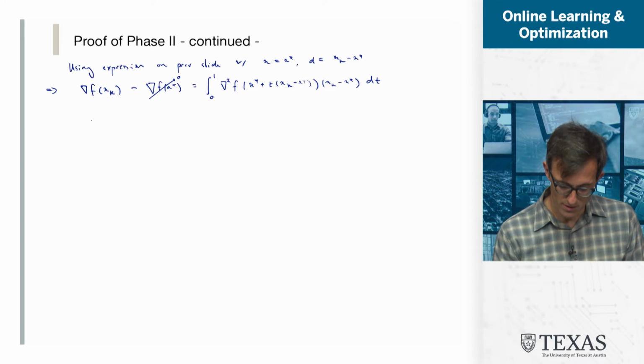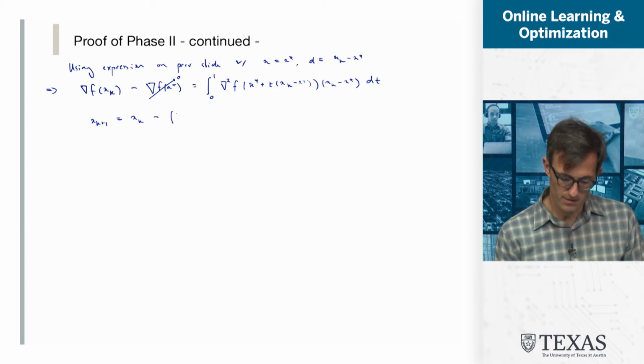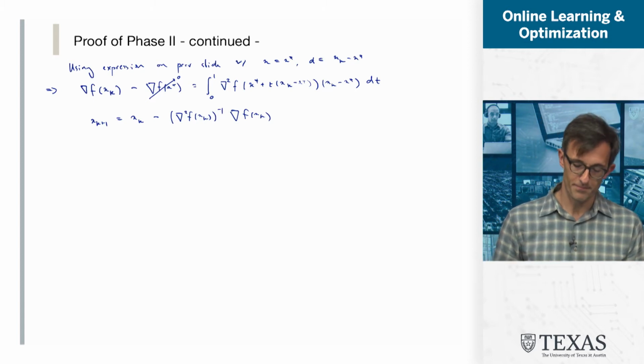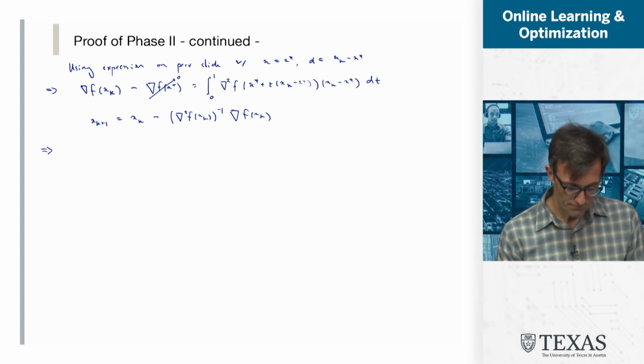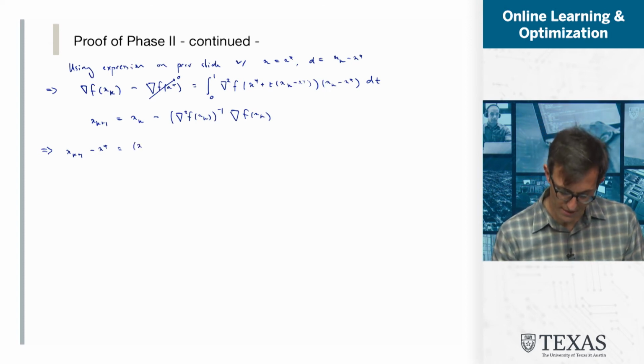So xk plus 1 is equal to xk minus the Hessian at xk inverse times the gradient of f evaluated at xk. So that means that xk plus 1 minus x star is just equal to this right-hand side minus x star.